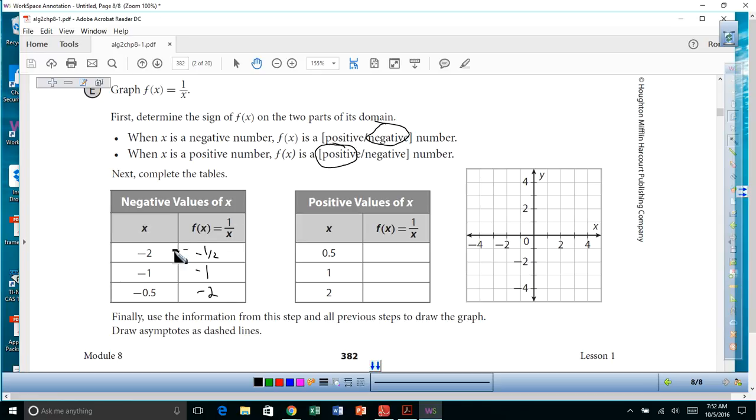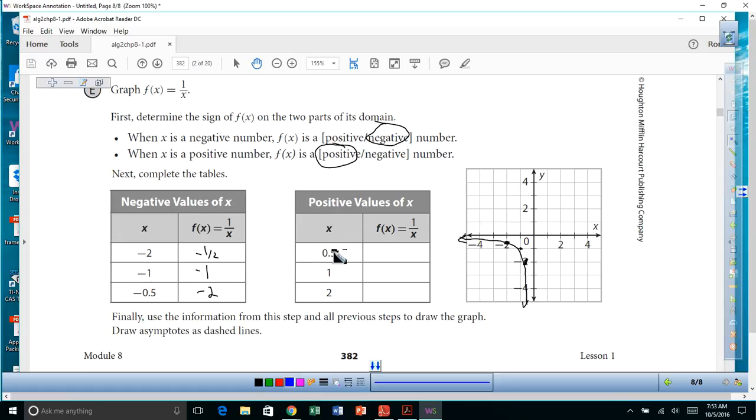So let's graph that. X is negative 2, and then that would be negative 1/2 right there. And then negative 1 would be right there. And then negative 1/2 and negative 2 would be right there. So it's going to look something like this.